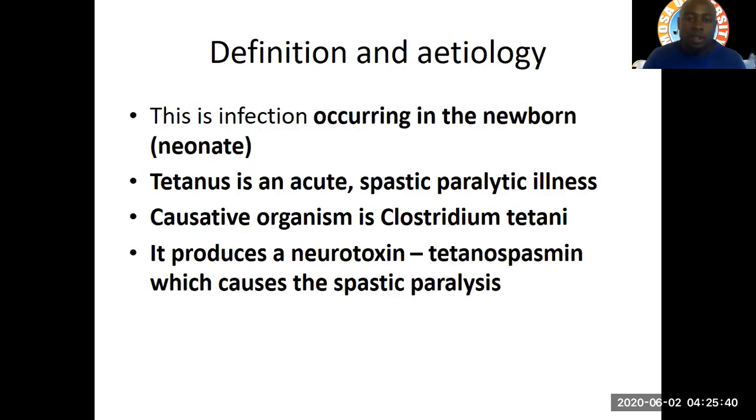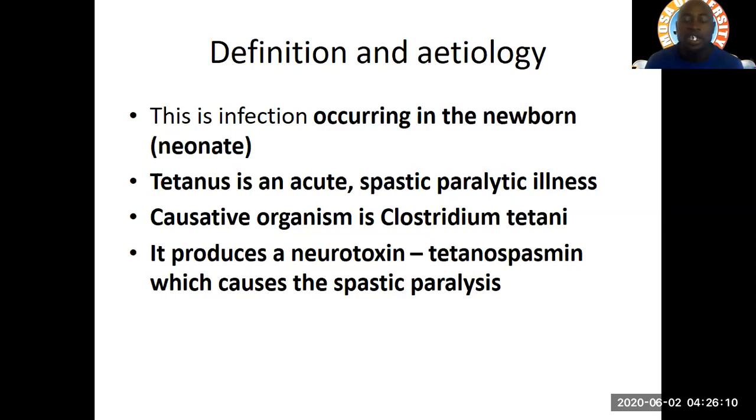So to start with, tetanus is an infection that occurs in neonates. We may define it as an acute spastic paralytic illness caused by Clostridium tetani. Once the neonate comes in contact with Clostridium tetani, it has a property of producing neurotoxins.